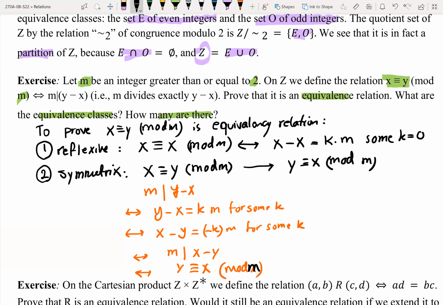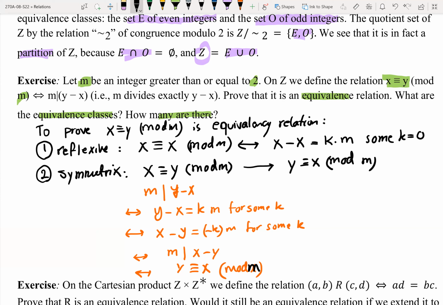Do I need to write all of these lines in orange to show X and Y have the same remainders, or Y and X have the same remainder? Actually, no, because this is something that we have learned. Based on the order of chapters, this comes after the functions. So that's kind of obvious for us.